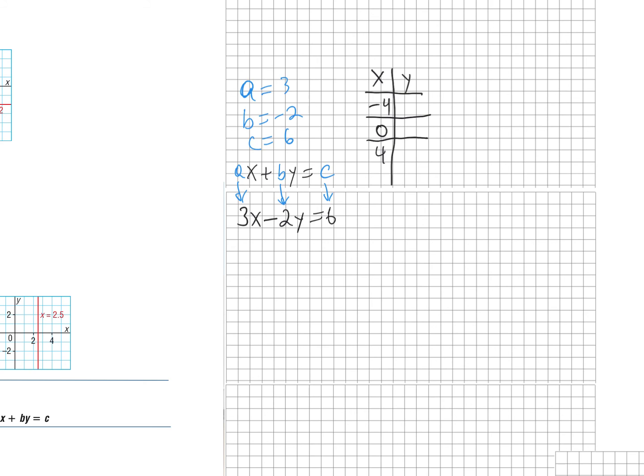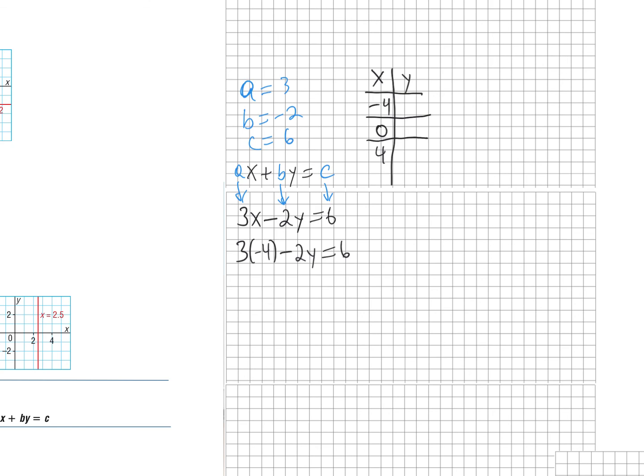So we're going to replace the value of x in this equation with -4, then with 0, then with +4 to fill these in. So first things first, I have 3 times -4 subtract 2y equals 6.